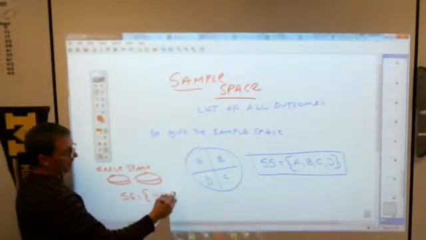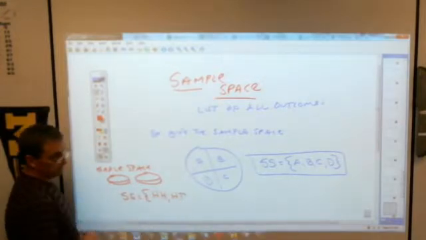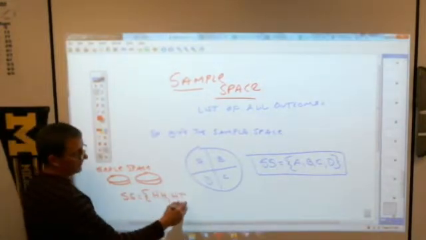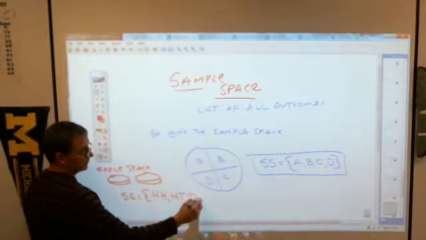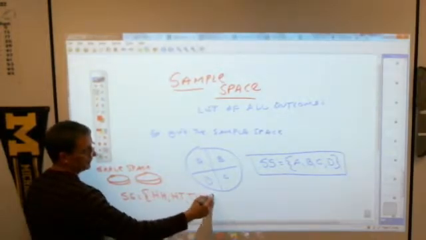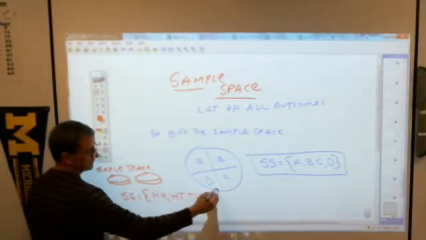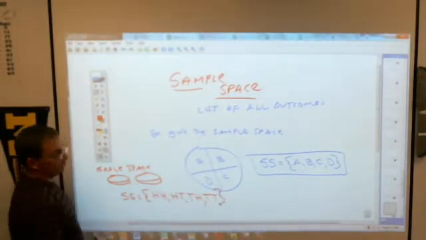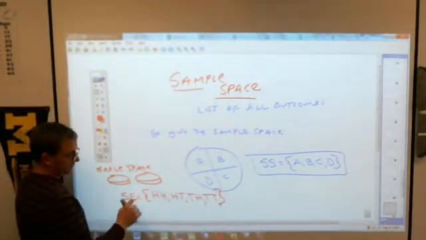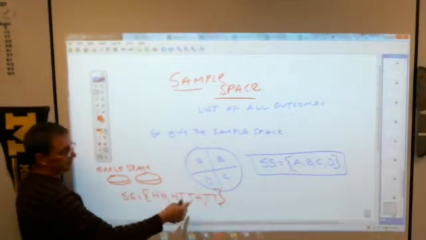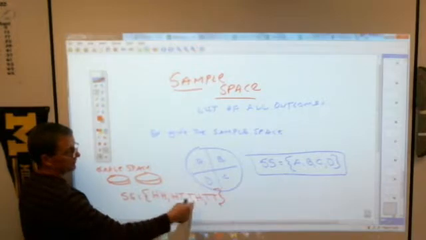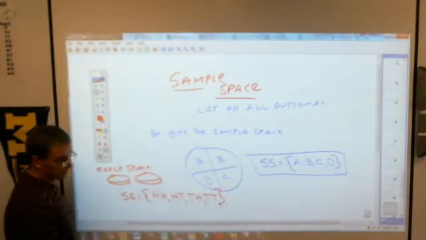You could get a head and a tail. You could get a tail and a head. Or you could get a tail and a tail. You have only 4 choices there. They're both heads. First one's a head, and the second one's a tail, or the second one's a head, and the first one's a tail, and 2 tails.